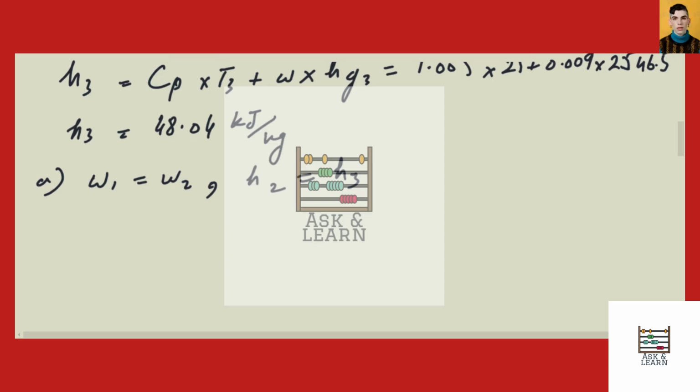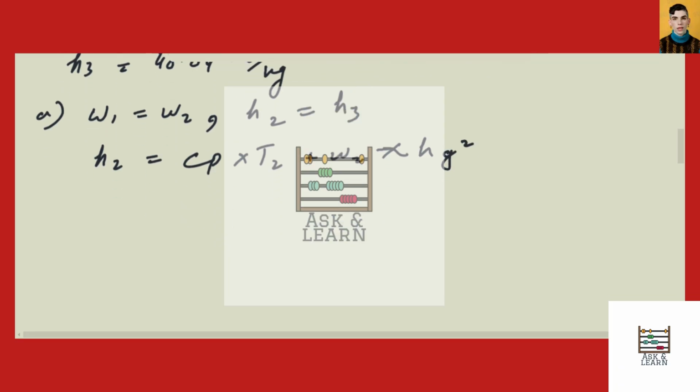For the temperature, we will solve the enthalpy equation, that is H2 is equal to Cp into T2 plus W2 multiplied by Hg2. Now we put the values here, H2 is equal to Cp into T2 plus W2 multiplied by 2500.9 plus 1.82 multiplied by T2.